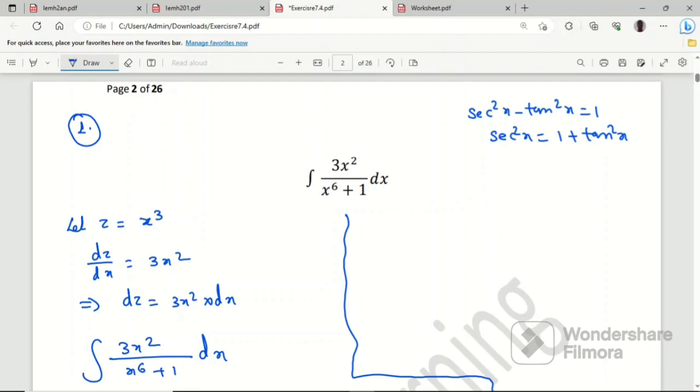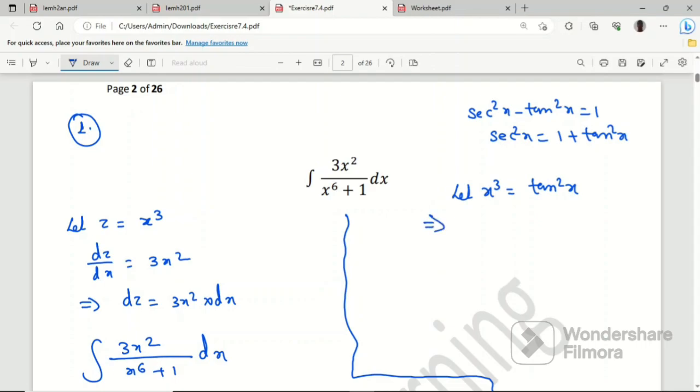So now we can see here, it is in the form of tan square x plus 1, and our differentiation will substitute here with something like sec square x. So what we can do, we can assume let x cube as tan square x. Just I'm trying, see if we are able to solve or not. Because math is all about you have to try different and different methods, whether it is right or wrong.